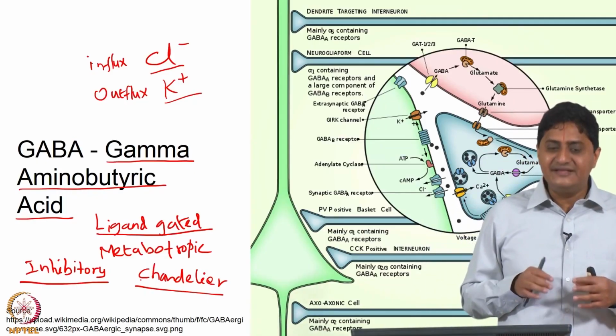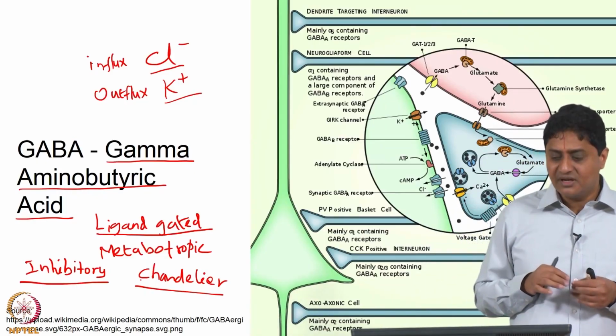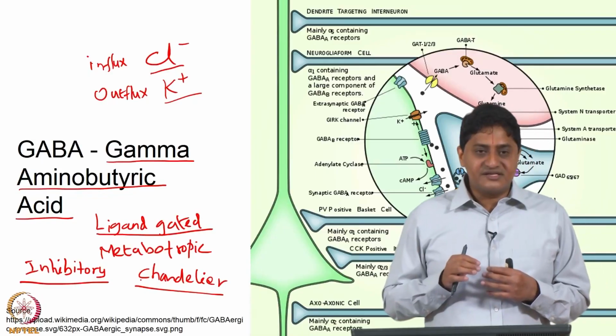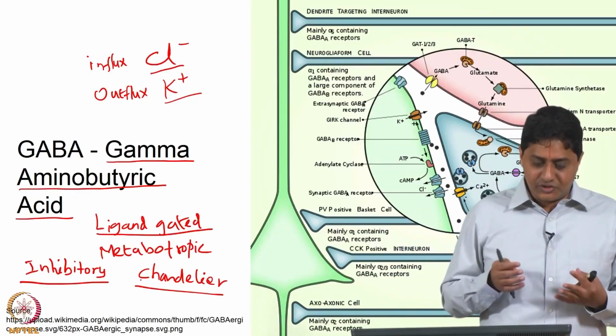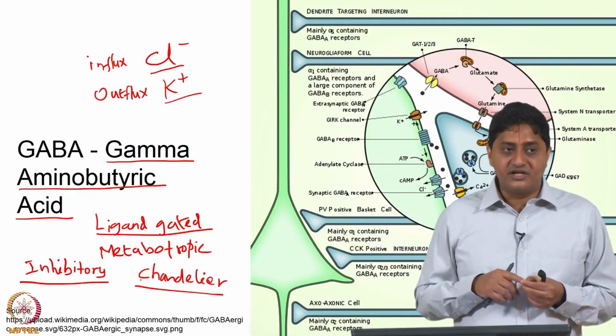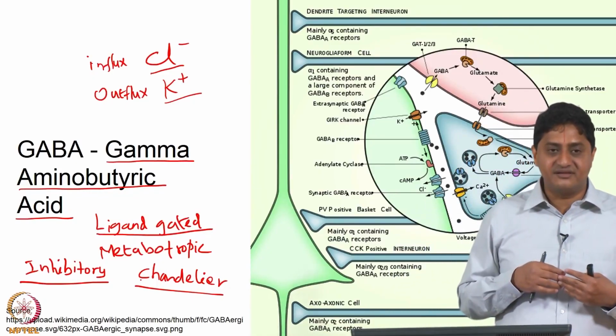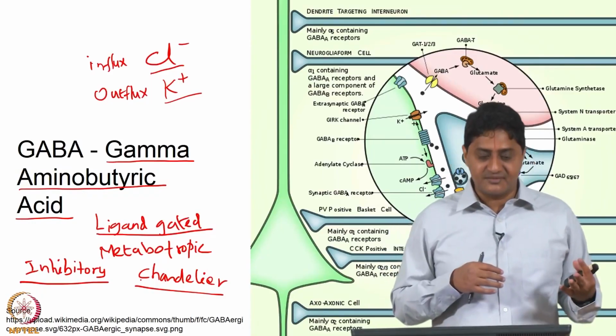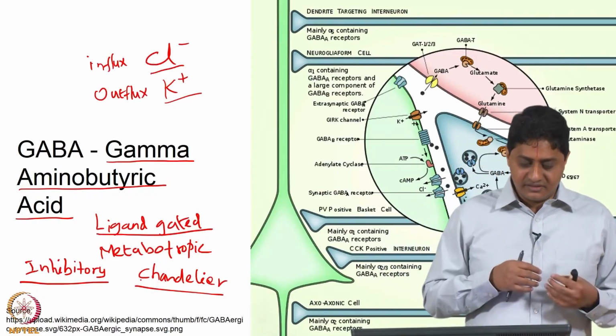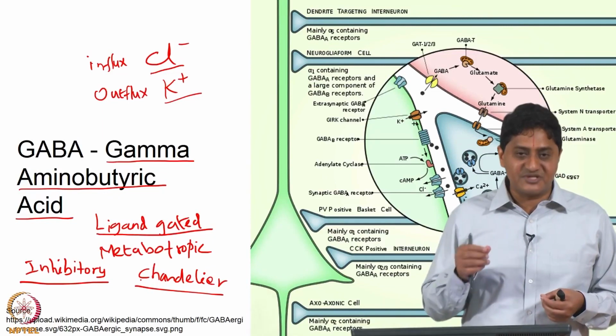So, in general GABA is an inhibitory neurotransmitter, and in general acetylcholine is an excitatory neurotransmitter because it involves the opening of sodium channels, bringing sodium inside the cell. In general this is true, but not in every specific case.